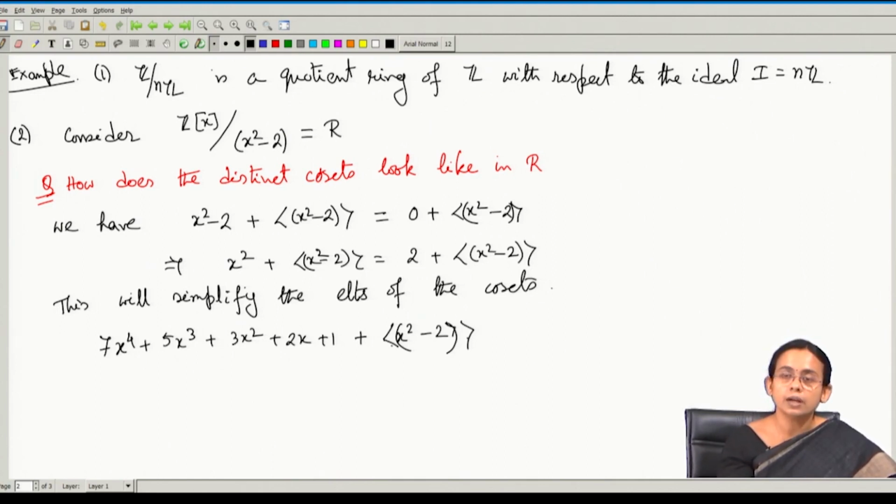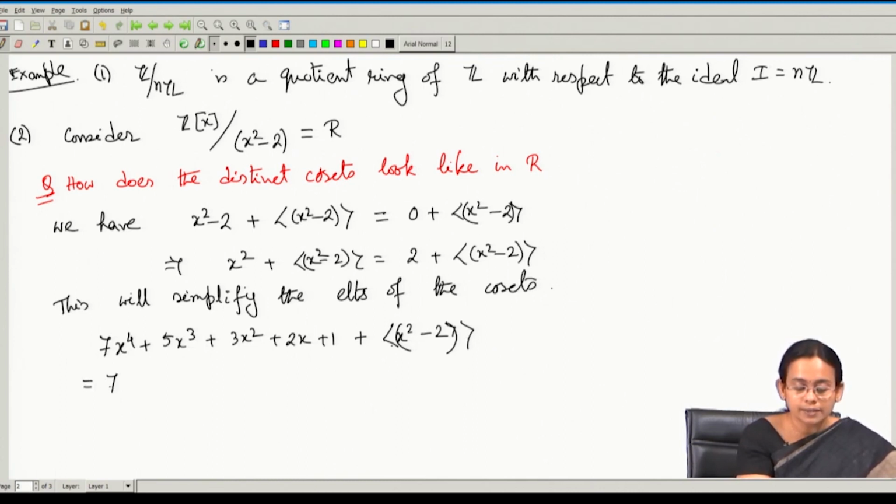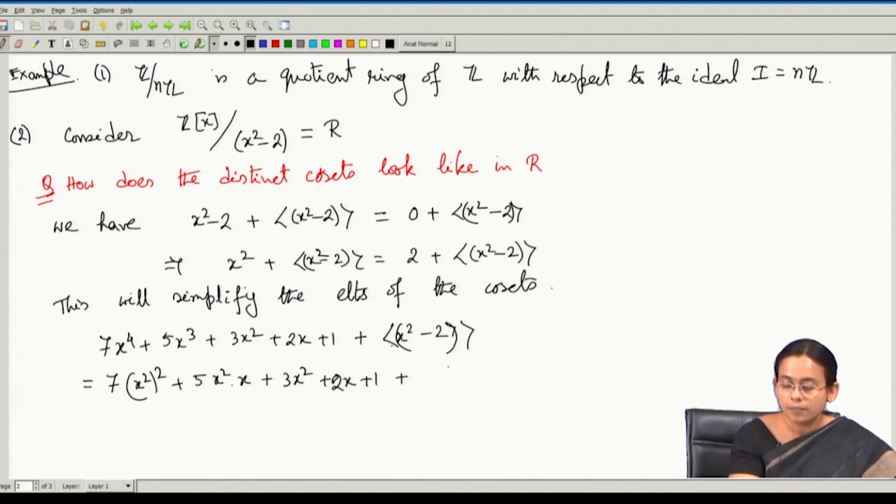Now in the quotient ring I know that x square is the same as the element 2, so wherever x square appears I will replace it with 2. Then I can rewrite it as 7 x square square plus 5 x square into x plus 3 x square plus 2 x plus 1 plus this ideal.